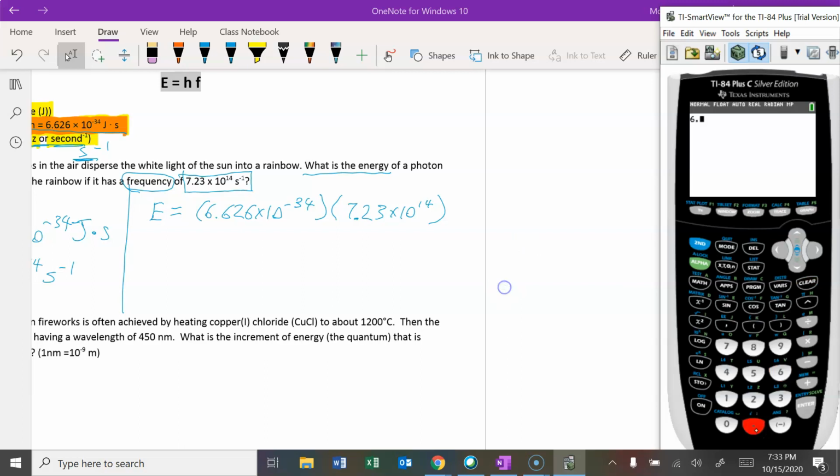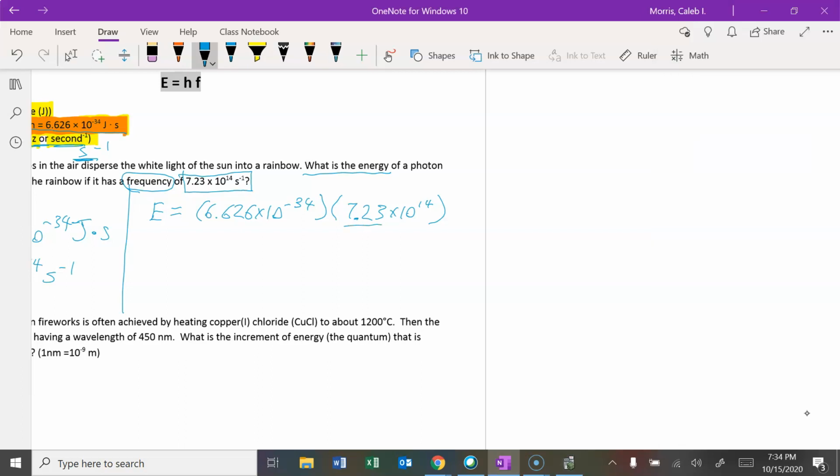So 6.626, second comma, negative 34. And then I'm going to multiply 7.23, second comma, that gives me the E, 14, and hit enter. I get 4.79058, blah, blah, blah. Okay. I want to round it to the same number of sig figs as the least number of sig figs in the problem.